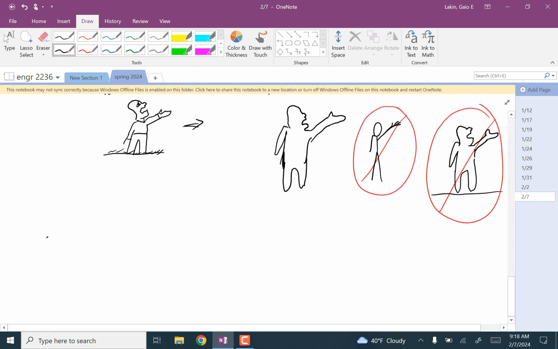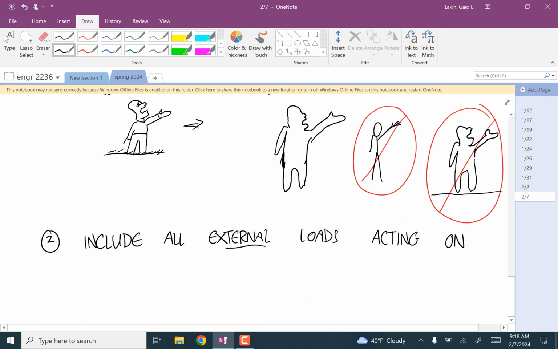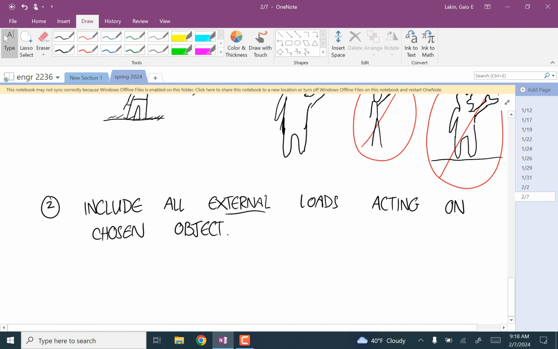After you have this, include all the external loads acting on the chosen object. And now you can break this down into only two types of things.